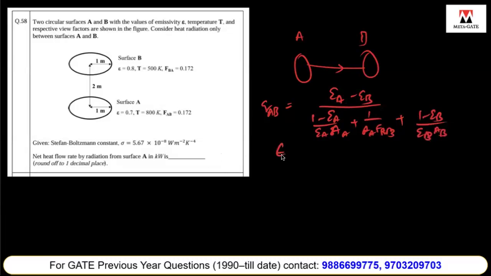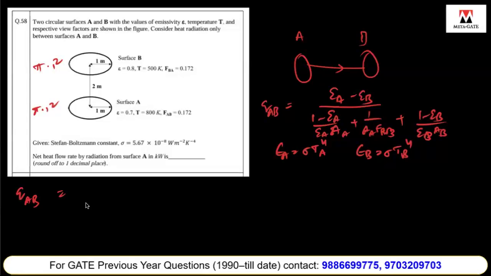You know E_A is nothing but sigma T_A power 4, E_B is nothing but sigma T_B power 4. And the area of A is pi into 1 square, and this is pi into 1 square. So the area is the same.